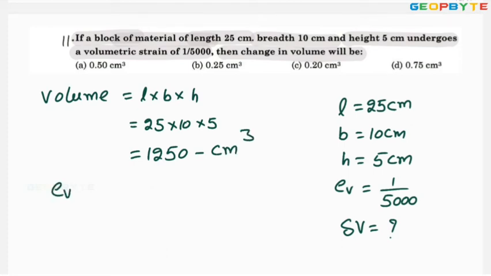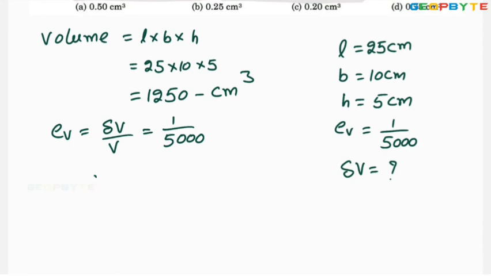But volumetric strain EV equal to change in volume by original volume. This volumetric strain is given as 1 by 5000. Therefore, the change in volume equal to 1 by 5000 into volume. Volume you have found as 1250.